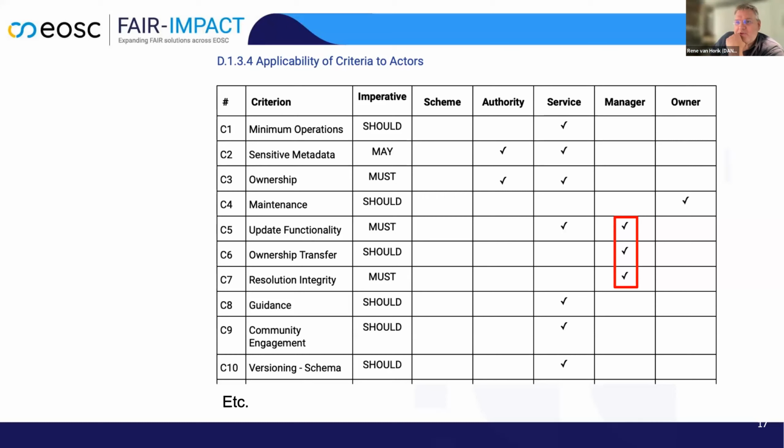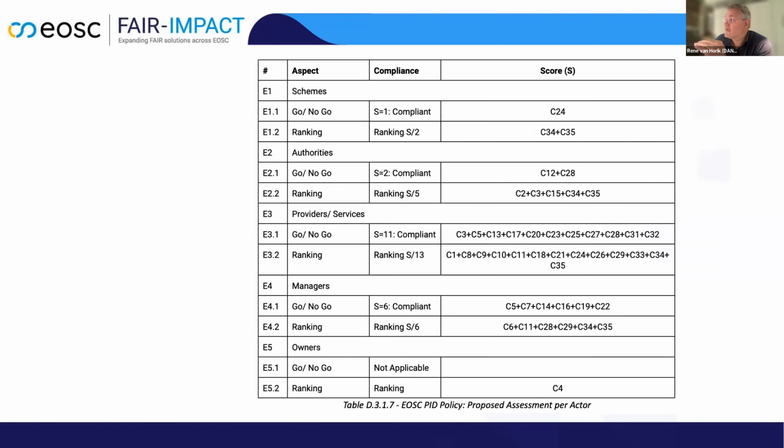Okay, so that is coming out of the analysis of the PID policy according to the compliance assessment, etc. Again, this is a quite extensive table. It's not my intention to explain all the content of this table, but the principle. So you start with an objective, then we have a criteria, and the criteria applies to an actor, manager.